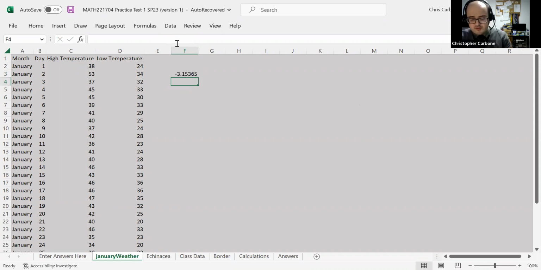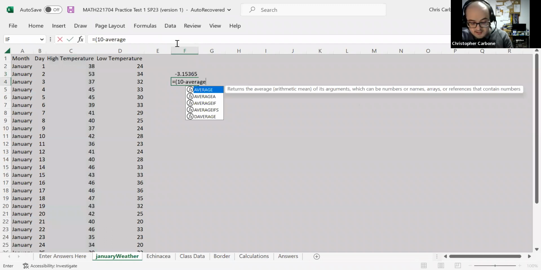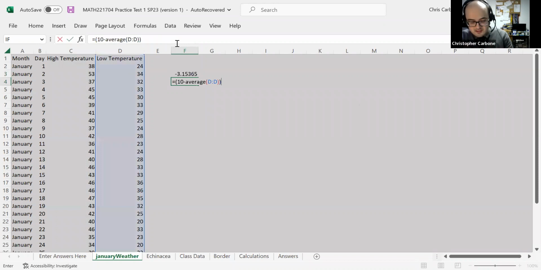For the low temperature, same spiel. It takes the low temperature, which I gave as 10, minus the average of the low temperatures, the D column here. That whole quantity divided by the sample standard deviation of that D column. So again, roughly the same aspect for that z-score.